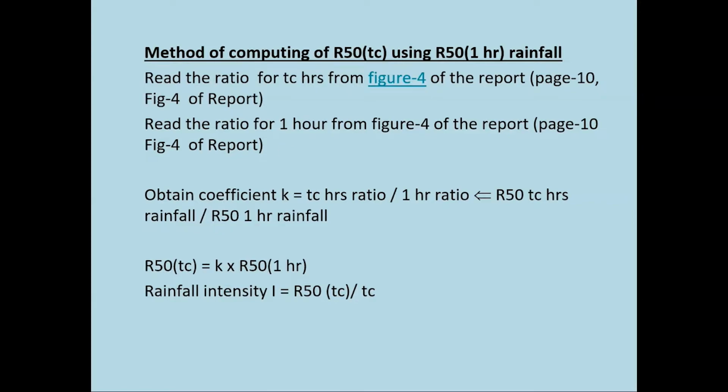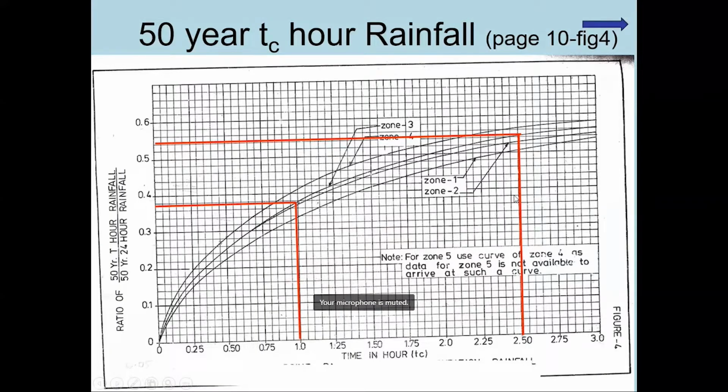So this is figure 4. Kindly note down that for TC 1 hour, this red line is the ratio. The value is almost 0.37. Write down for 1 hour, the ratio value is 0.37.